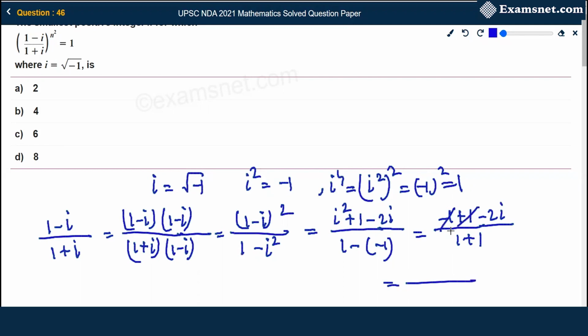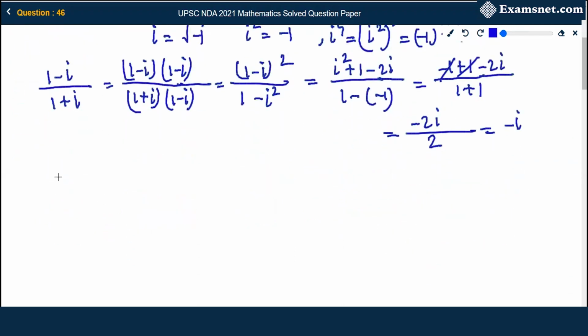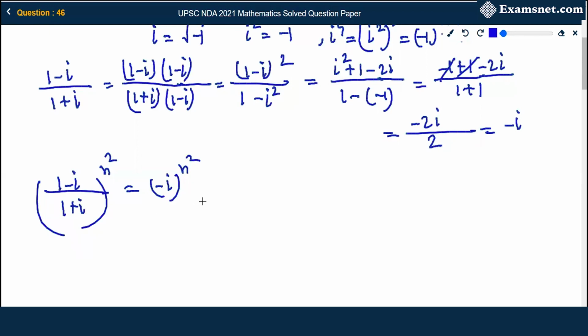So we got minus 2i by 2, which is minus i. Now it's given that (1 minus i by 1 plus i) whole to the power n square is equal to (minus i) whole to the power n square after simplification.